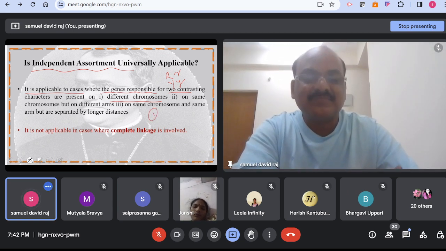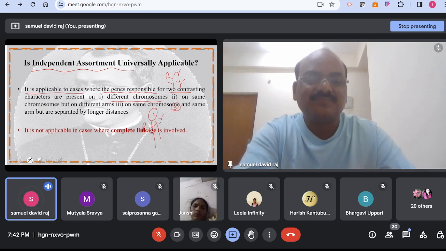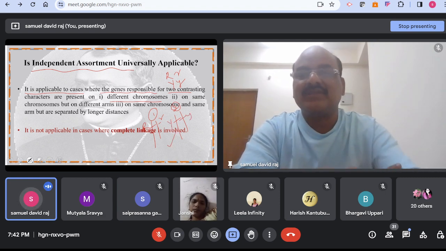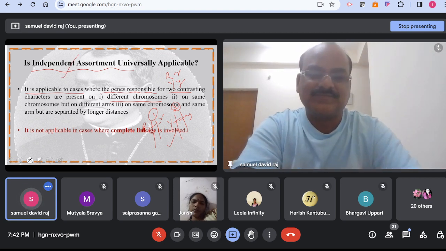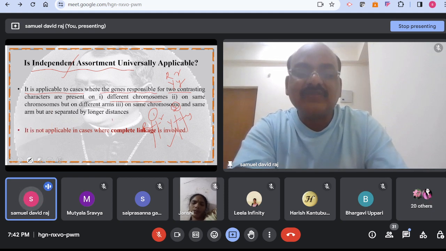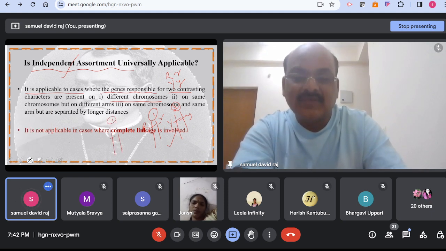For example, this is the first pair where capital R, small r are present. This is the second pair where capital Y, small y are present. In this case, independent assortment will take place. It will not take place if they are present on the same chromosome.